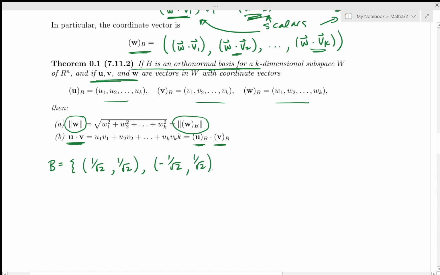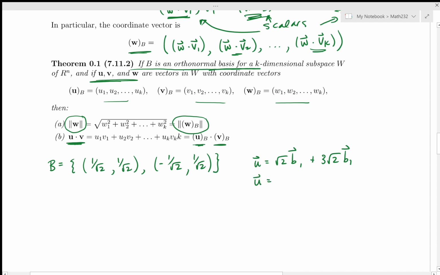There we have an orthonormal basis. Let us choose some vectors. I'm going to take U as root 2 times B1 plus 3 root 2 times B2. So that's going to make U this vector here.